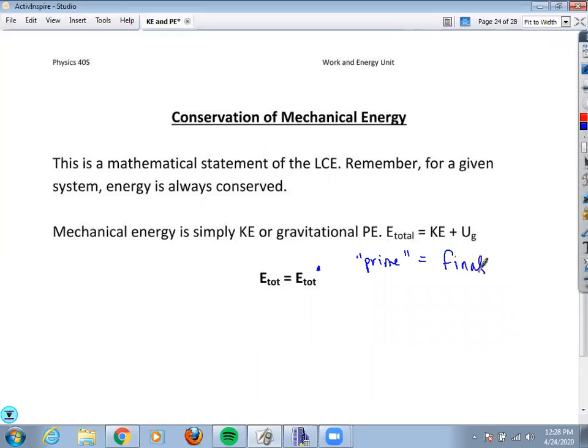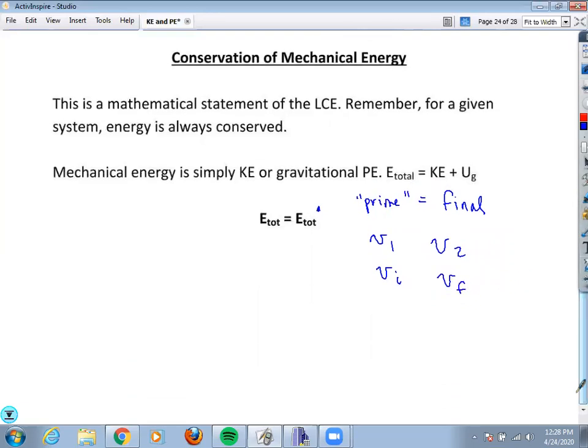For example, instead of saying V1 and V2, or V initial and V final, we could say V for initial and V prime for final. This is just something that you'll see in textbooks. The prime looks like a little apostrophe or a little tick mark in the exponent position. So this is the initial amount of energy, and this means the final. It's basically stating that they have to be the same.